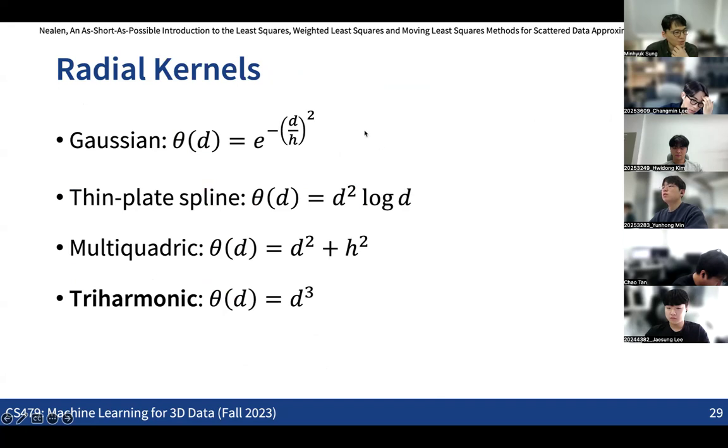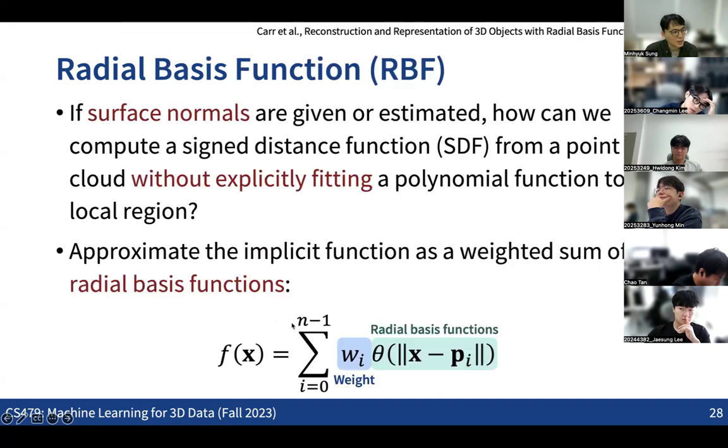There are actually more options if we consider other kinds of radial kernels, and these are some typical kernels that we use for this radial basis function approximation. Also, many people are using the triharmonic function, which is nothing but the cube of the distance. So we can consider using any kind of radial kernel for this fitting process. And actually, this is an approximation that we have seen in our previous lecture.